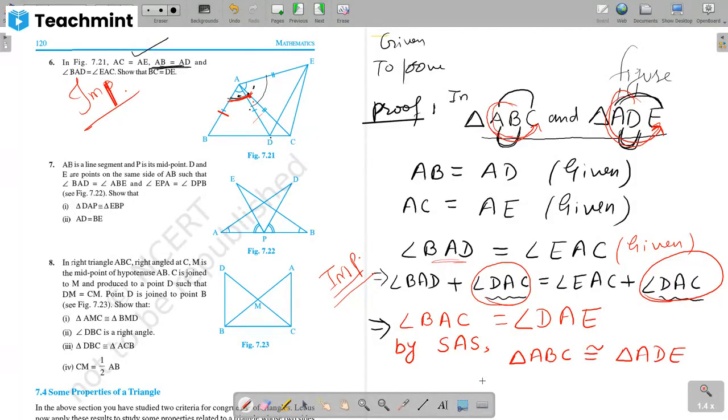If triangles are congruent, then by CPCT we can write the sides are equal. Which two sides? We have to prove BC and DE. So BC is equal to DE. Proved.